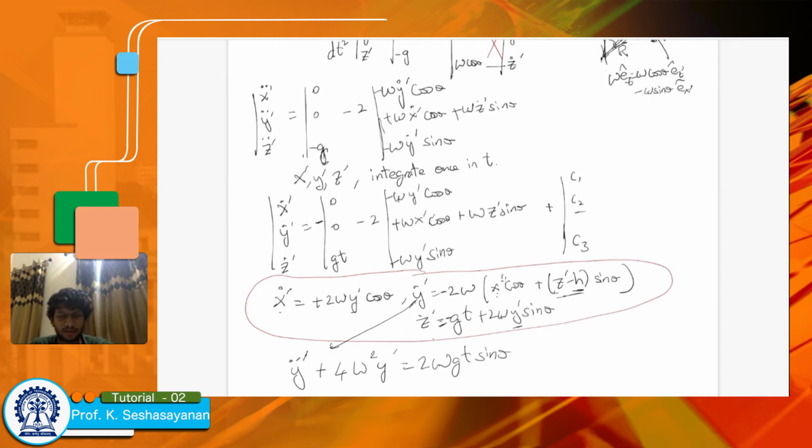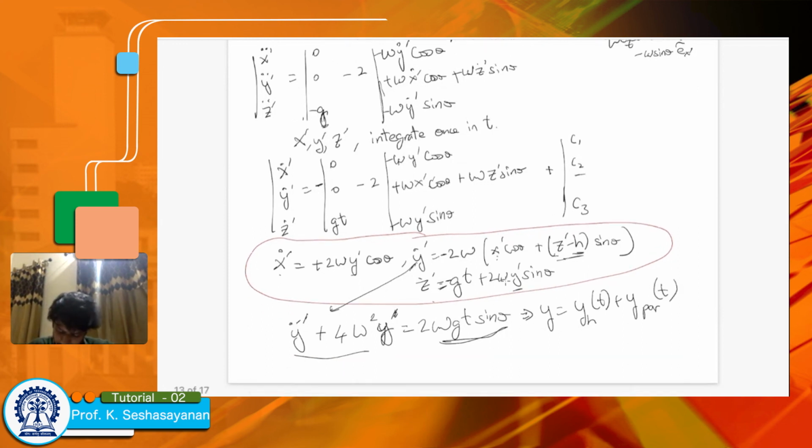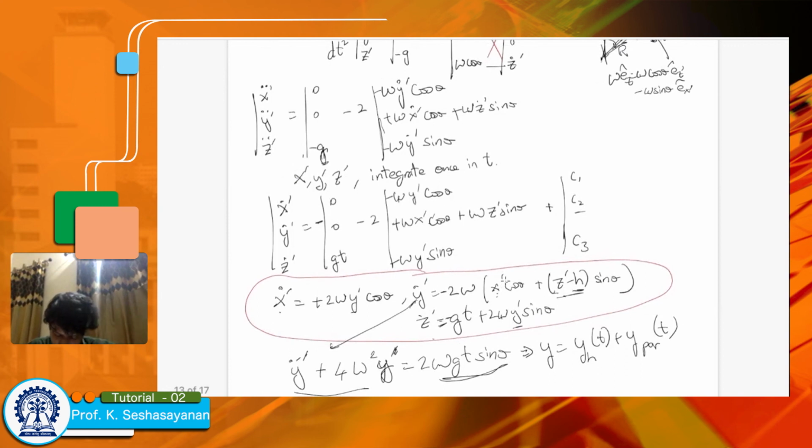So this is the equation for y prime, and it is like an oscillator which is forced by this term. So you get y equal to y homogeneous function of time plus y particular solution. You get a homogeneous solution when you put the right hand side to be 0, and the particular solution due to the term on the right.